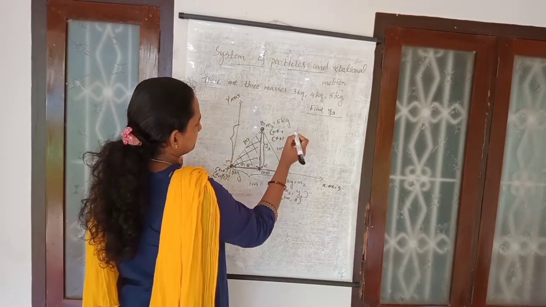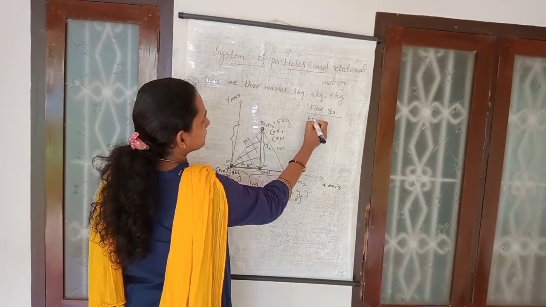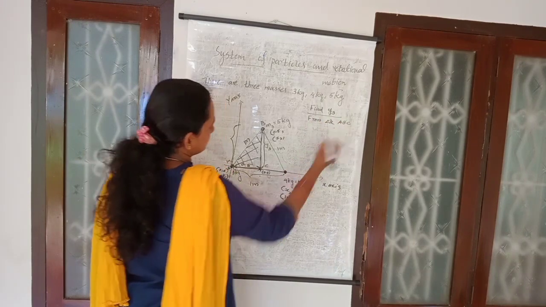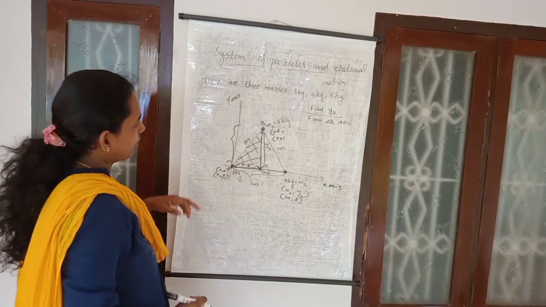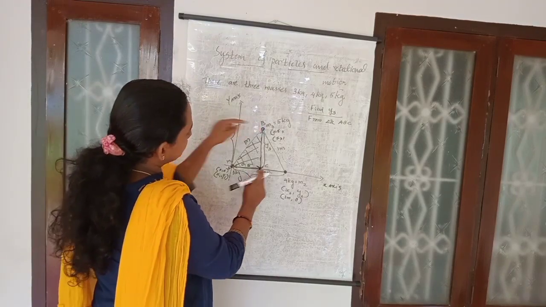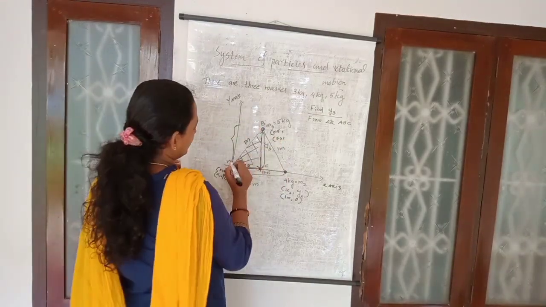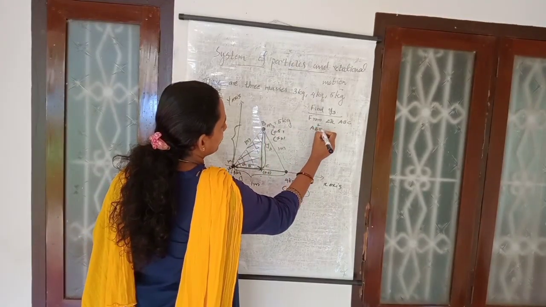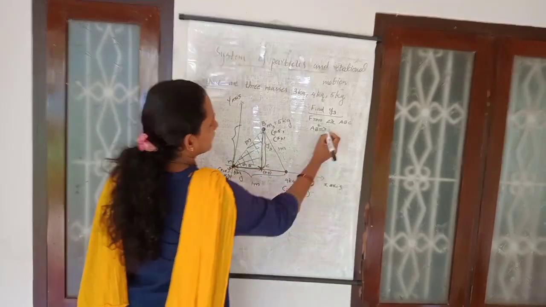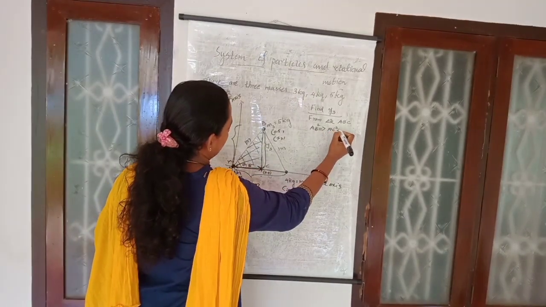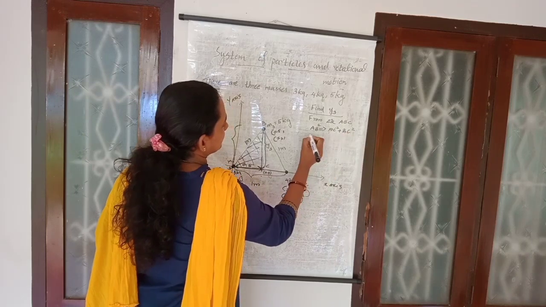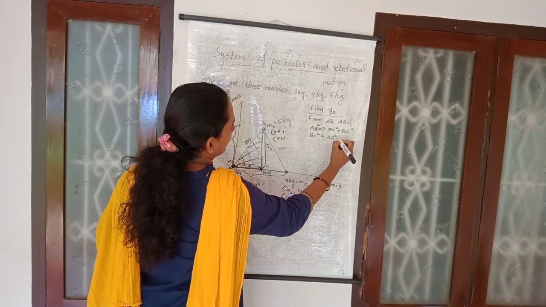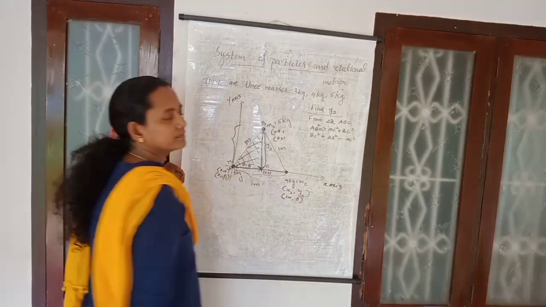So y3 is from triangle ABC. What is this distance, BC? We know that AB square is equal to AC square plus BC square. So BC square is equal to AB square minus AC square.